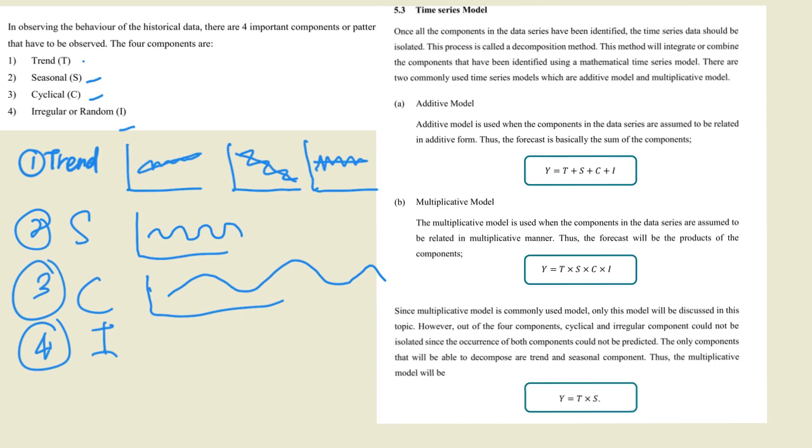You cannot say that it's going to increase or decrease over time because it is completely random or irregular. For example, a natural disaster or this pandemic that we have right now, COVID-19, is actually irregular. You cannot predict when we are going to have another pandemic like this.